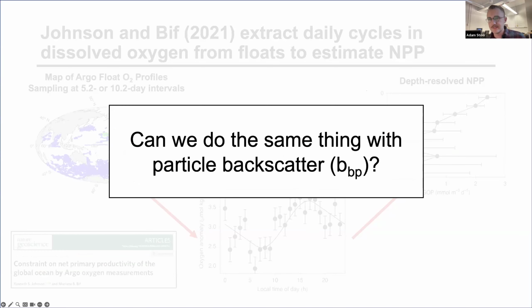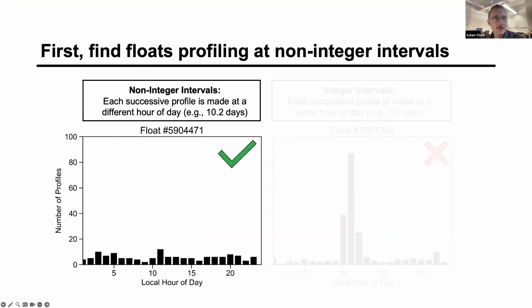So our question was simple: can we do the same thing with particle backscattering measurements from the BGC Argo network? What we did was follow very similar steps to what Johnson and Biff did. That involved identifying floats that were profiling at non-integer intervals.